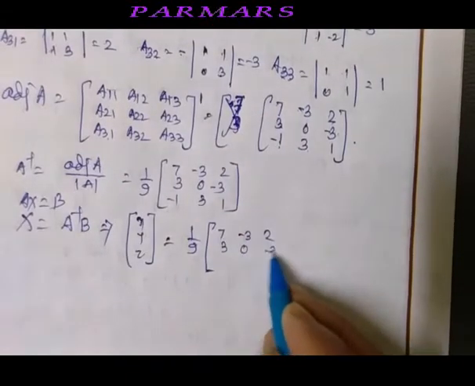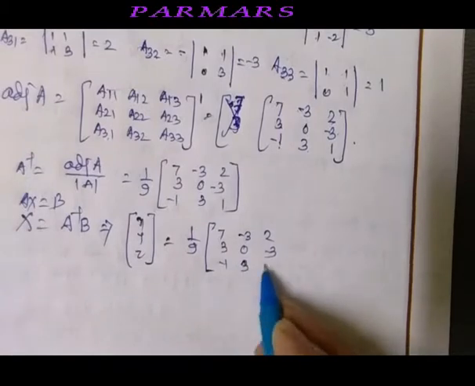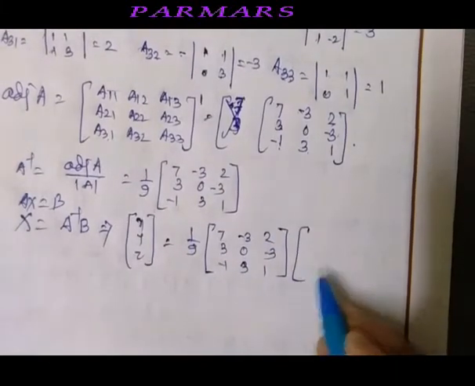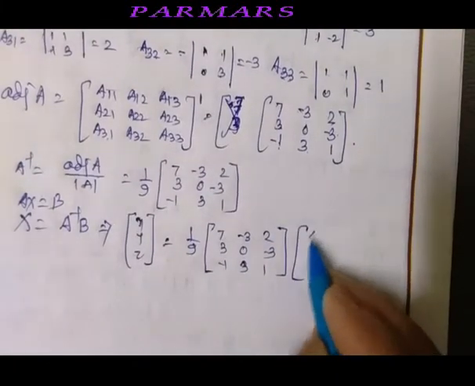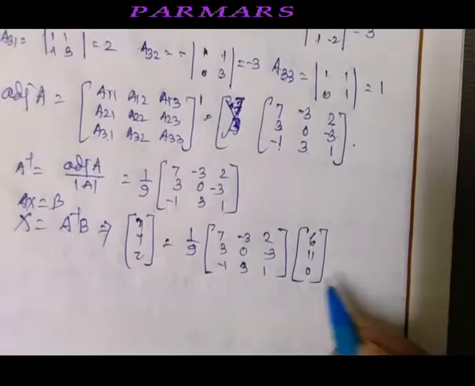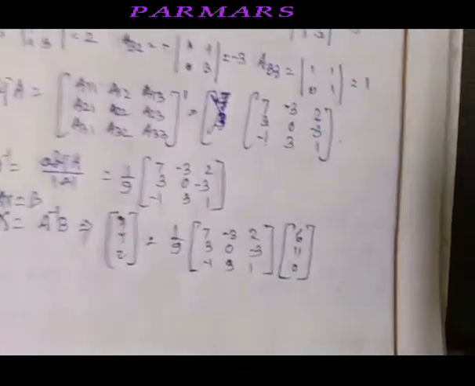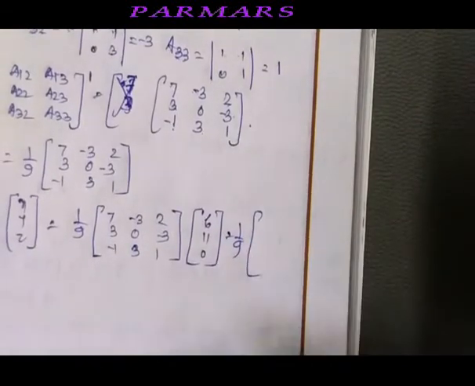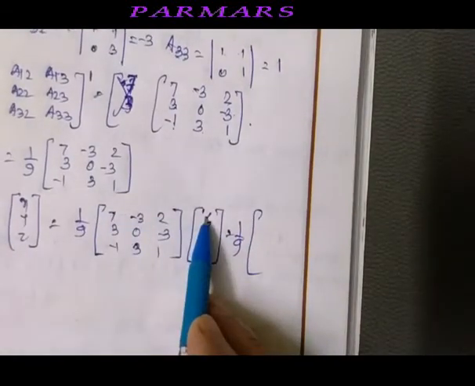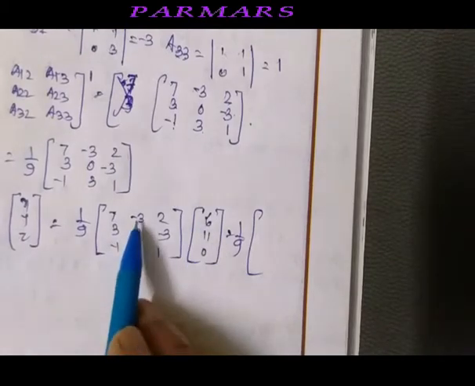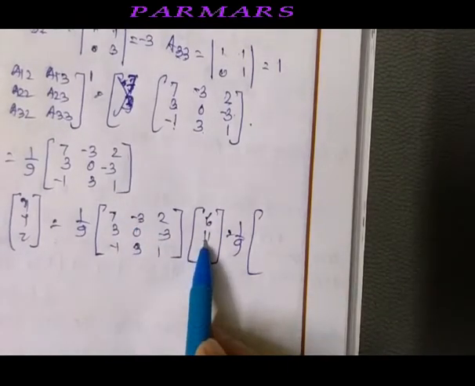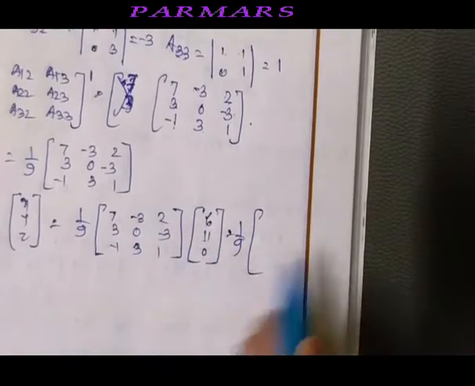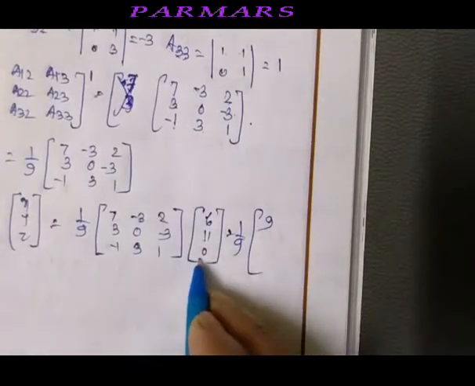3, 0, -3; -1, 3, 1; and then multiply the constants. Constants are 6, 11, 0. Okay, so 1 by 9: 7 times 6 is 42, minus 33, 42 minus 33 is 9, because 3 into 0 is 0 here.